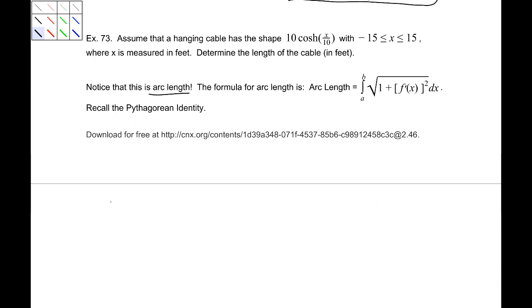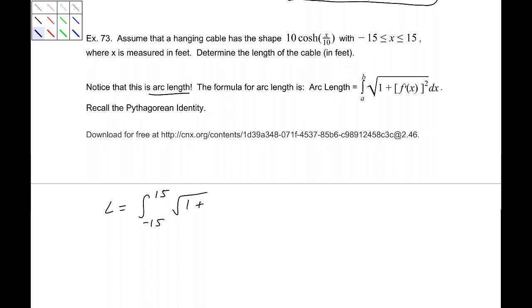Alright, so the length, by definition, is the integral from negative 15 to 15 of the square root of 1 plus the derivative of 10 hyperbolic cosine x over 10, squared.